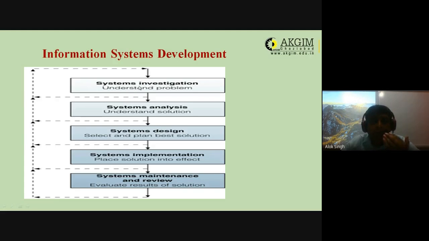You may check your system investigation, understand the problem, whether it is partially covered or fully taken care of by that solution or not. You will review that problem, and check whether the solution that you are going to implement or have implemented is best to take care of that problem or not. So that is basically feedback.